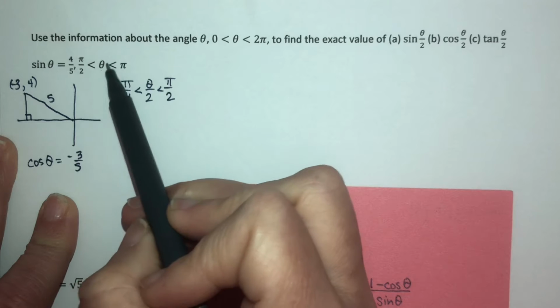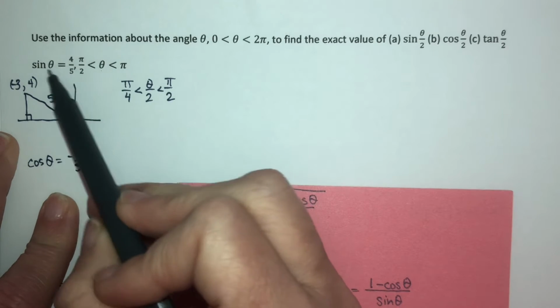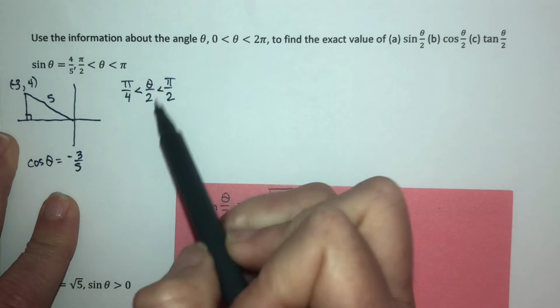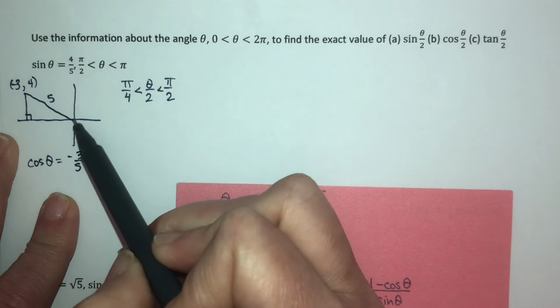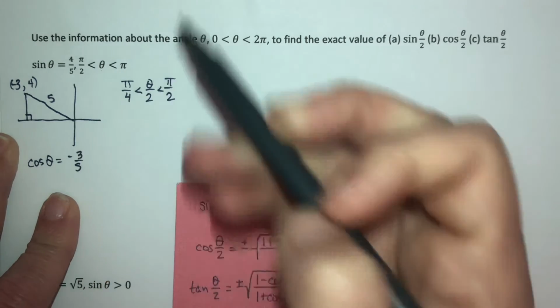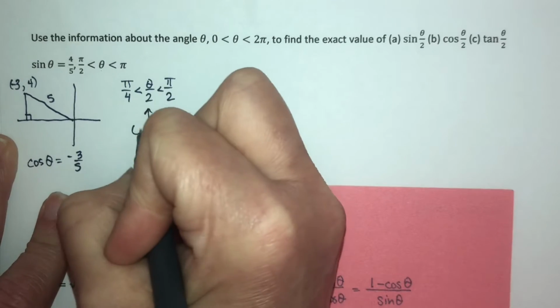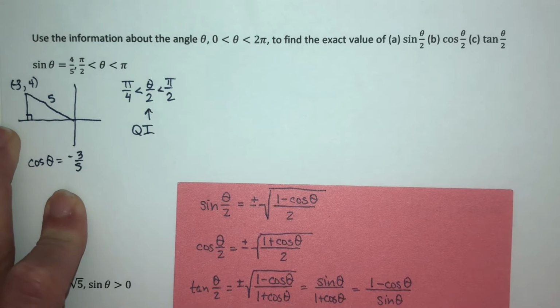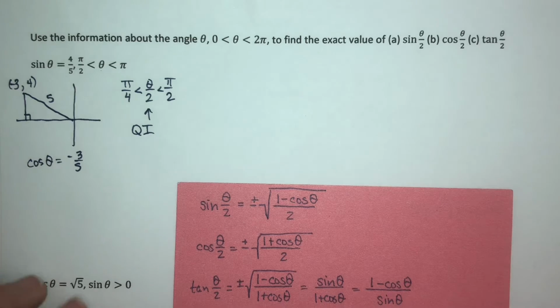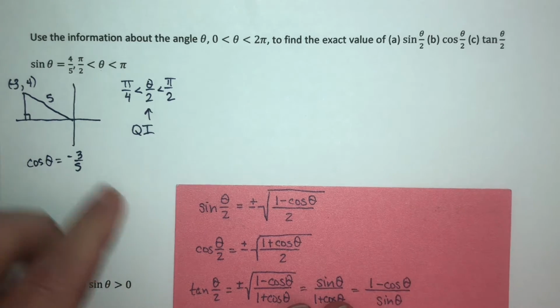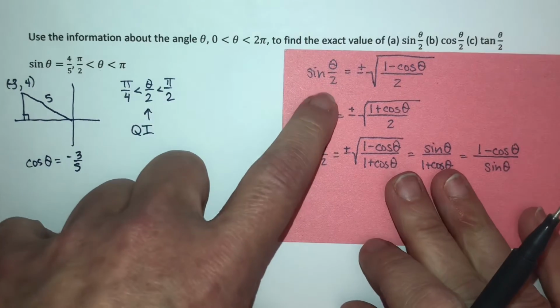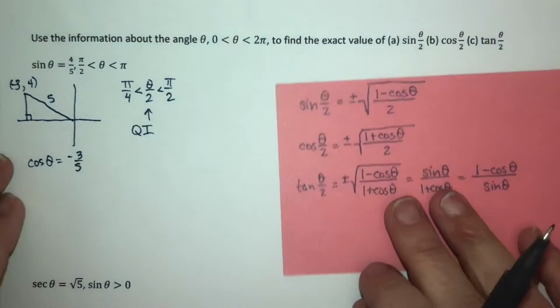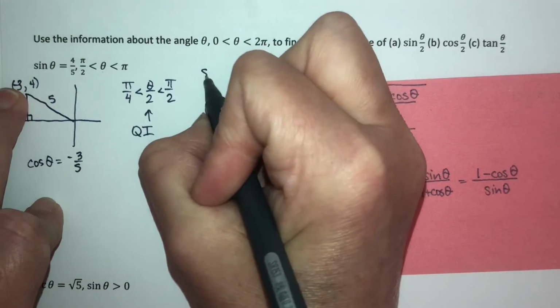So no matter what this angle is, the half angle is between pi over 4 and pi over 2. So that means this is in quadrant 1. In quadrant 1, sine, cosine, and tangent are all positive. So the half angle is going to be positive.